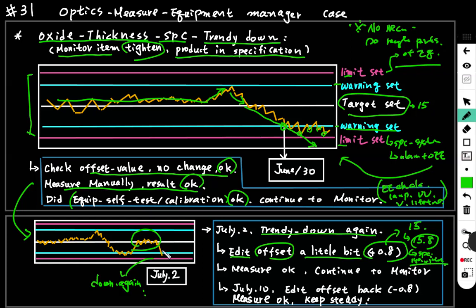And this change made the trending down point go back to the normal line. The measurement is okay. Continue to monitor without any other action.